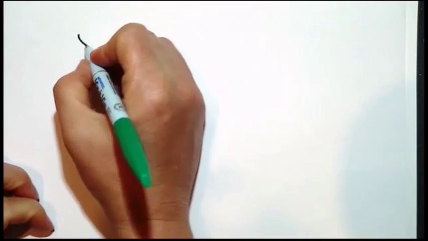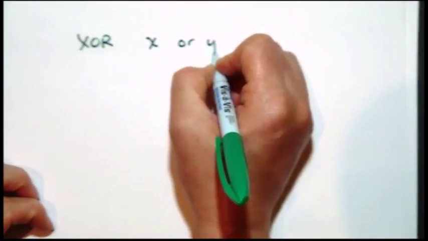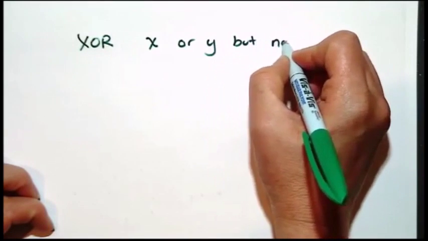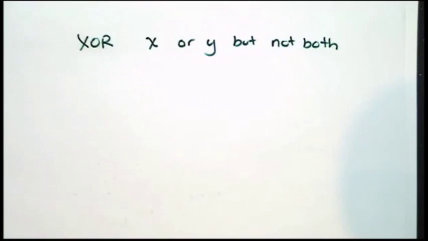Okay, so the first thing we're going to do is make a circuit for exclusive OR. The definition of exclusive OR says X or Y, but not both. So I can literally write my equation from that.